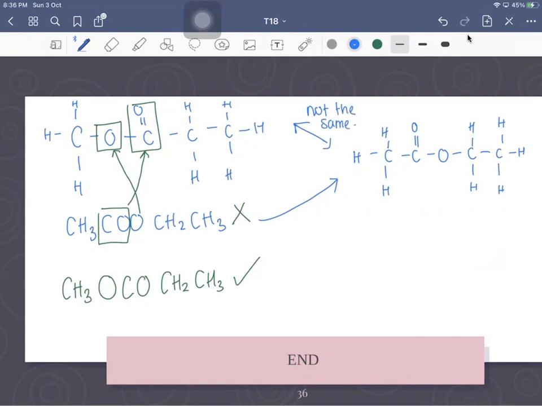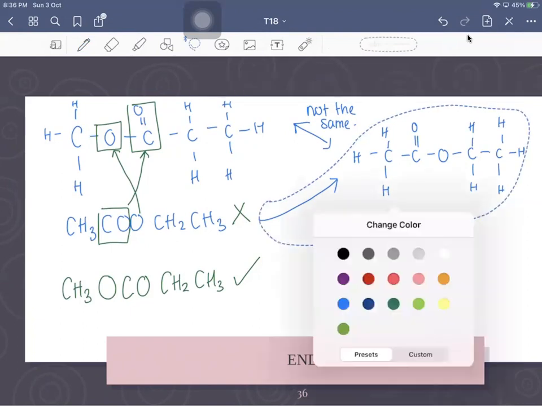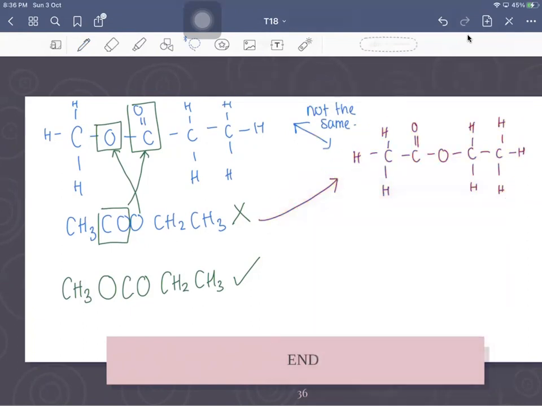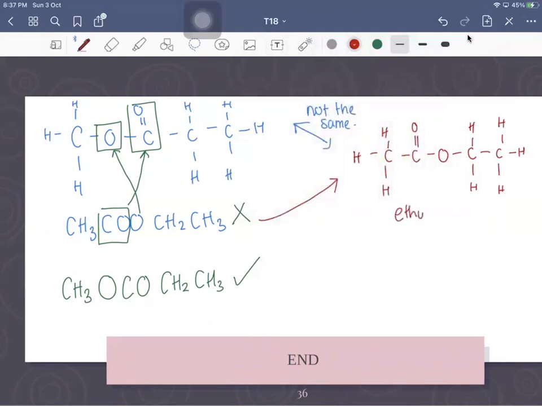Maybe I should change the color, otherwise you would think... maybe red. Now the diagram in red is an ethyl ethanoate, and the structural formula is CH3COO, CH2, CH3.